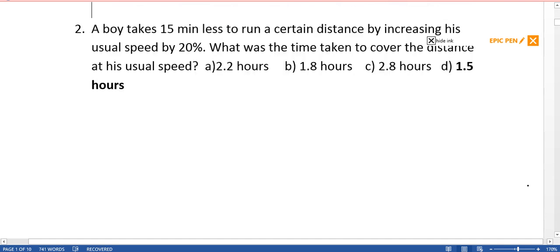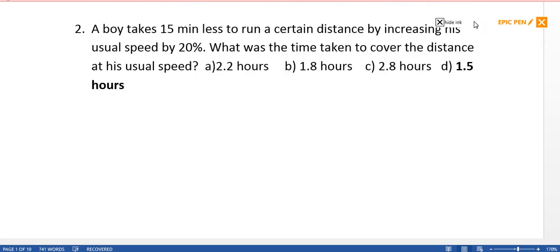Okay, here it is. So what's given in question number 2? A boy takes 15 minutes less to run a certain distance by increasing his usual speed by 20%. What was the time taken to cover the distance at his usual speed? If you look at this problem, you'll note that this is the same type of problem as the first one.